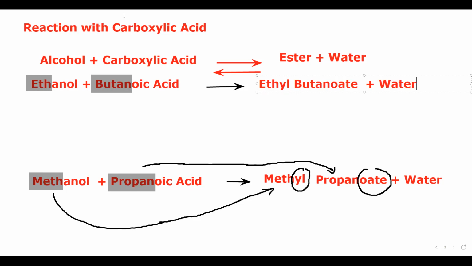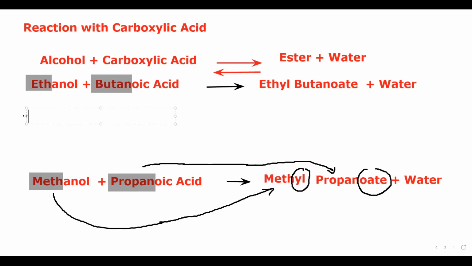So first name, remember, is always coming from alcohol, and the second name is coming from carboxylic acid. The name which is coming from carboxylic acid should have OATE. The name which is coming from alcohol should have YL. So it will become ethyl butanoate in this example.